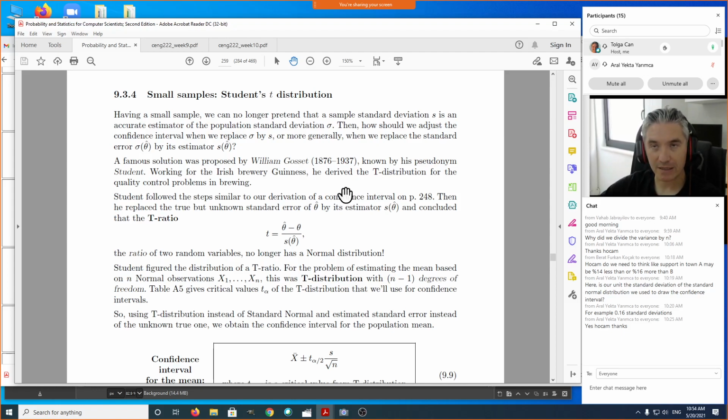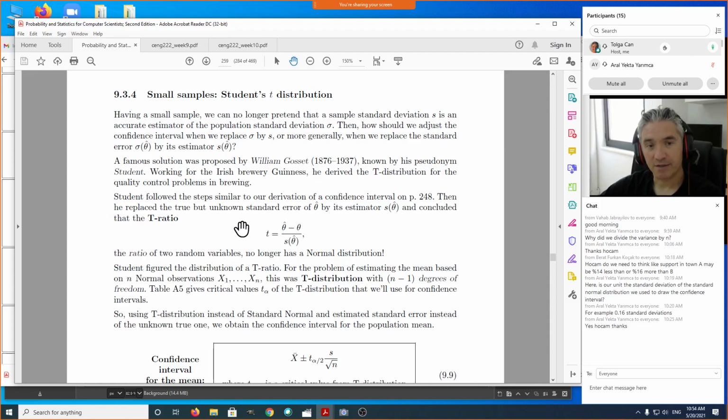They were taking different measurements of the brewed beer, and they didn't know their production devices' error rates beforehand. So the standard deviation was unknown. And the samples they collected in their quality department were probably small in size.